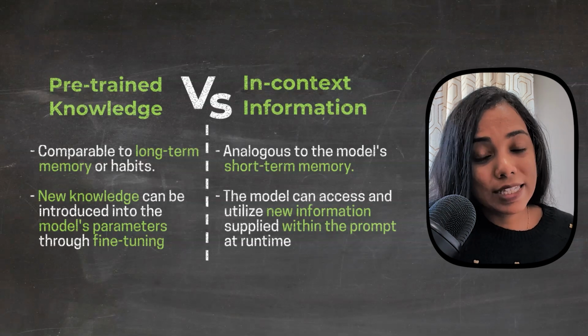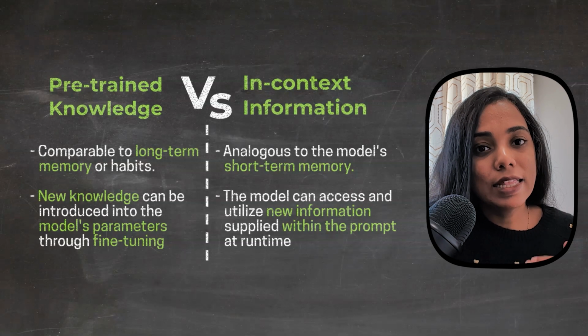So, RAG essentially leverages this idea of supplying the exact snippets of data that a certain question requires. So, the more relevant and detailed the context is, the better the LLM can tailor its responses.